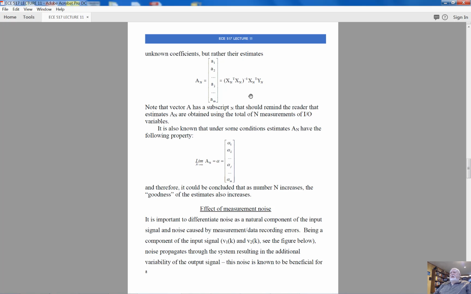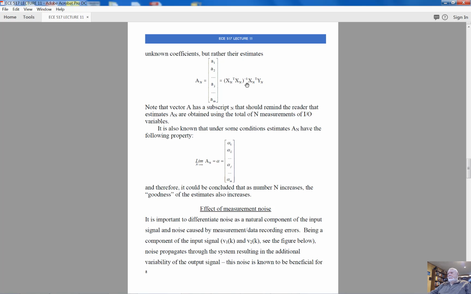The result of this product is a square matrix, which is an M times M matrix, because X transposed is M times N and X is N times M. We invert the square matrix and multiply it by a column that has a total of M elements.